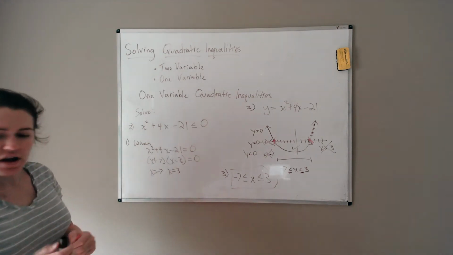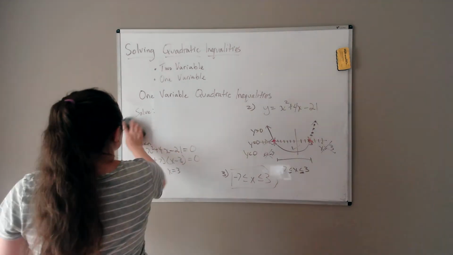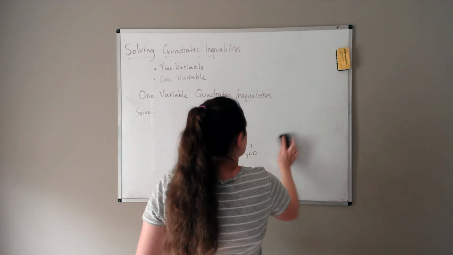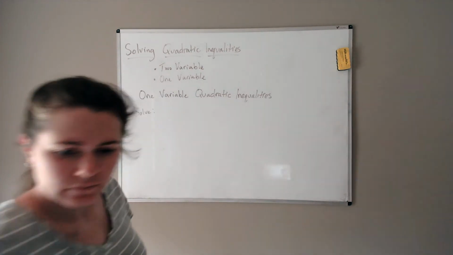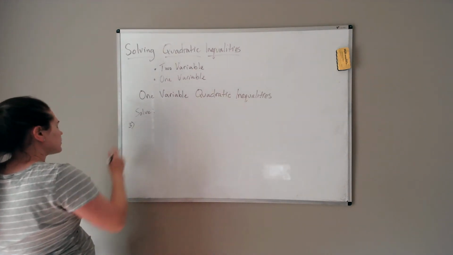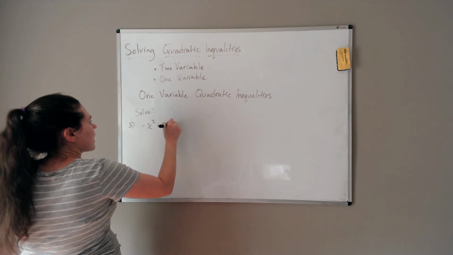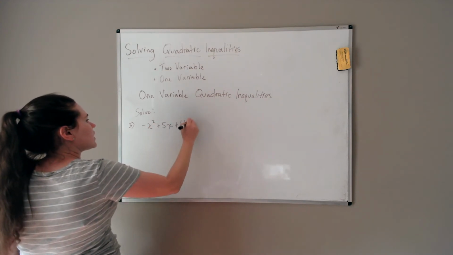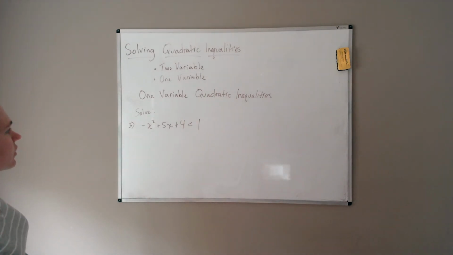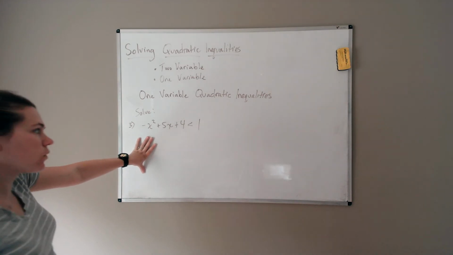So let's do another. Okay, so for number 3, let's do -x² plus 5x plus 4 is less than 1. Now, you should not start finding the values that make it equal 1.